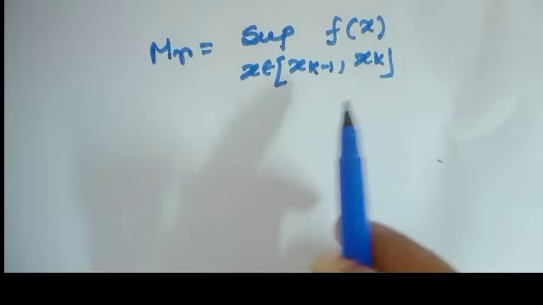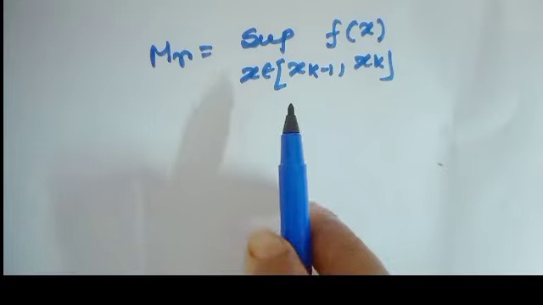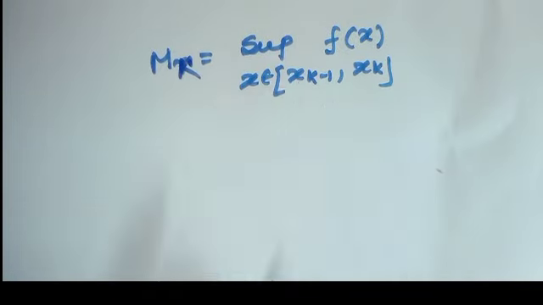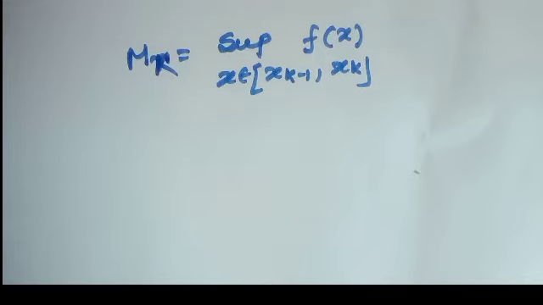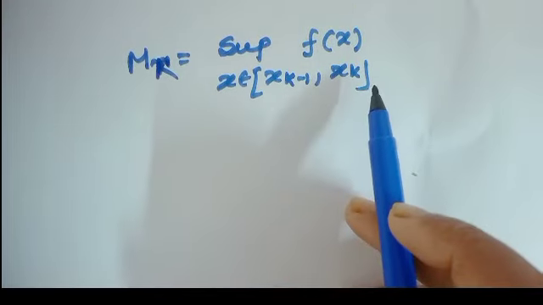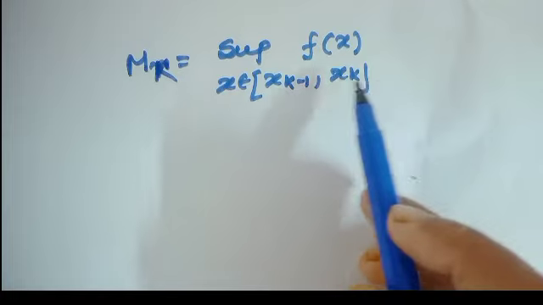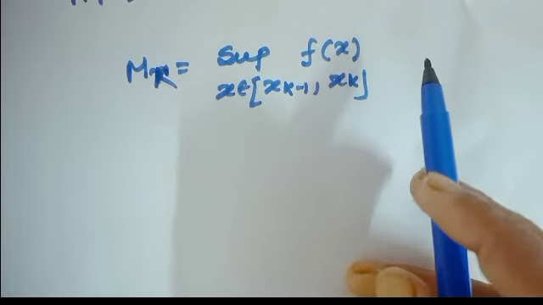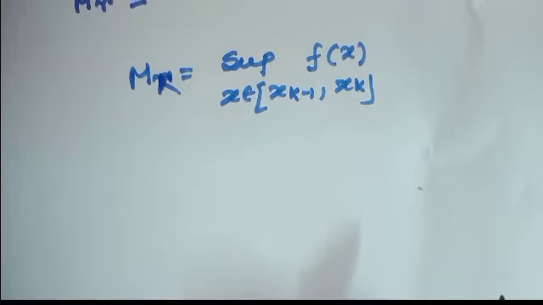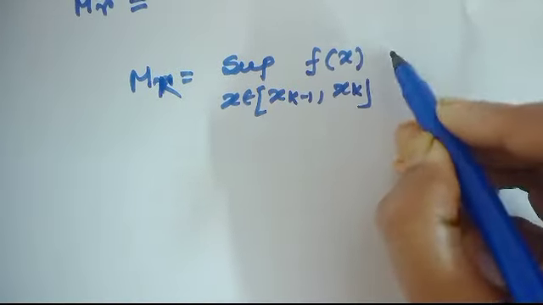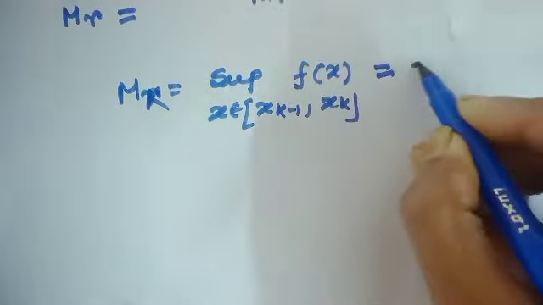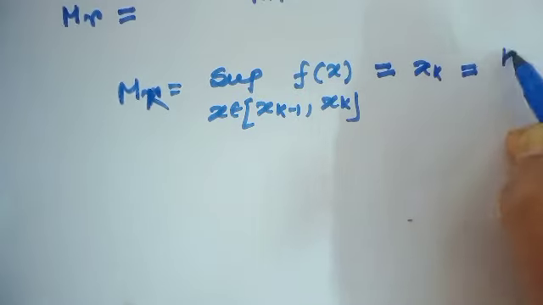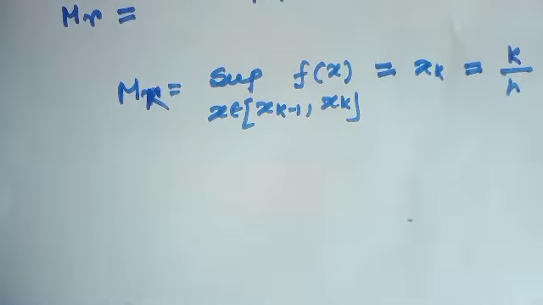That means we have to find capital Mk, the supremum of f of x where x belongs to the closed interval xk minus 1 to xk, and here the supremum value exists on the line y equal to x, so this value would be xk, which is actually equal to k over n.